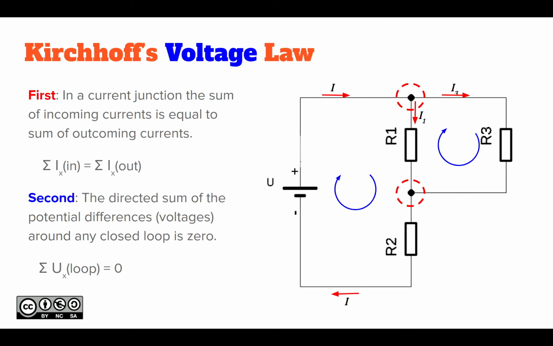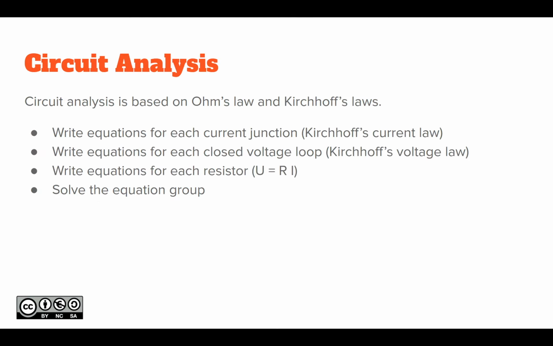Let's go a little bit forward. Circuit analysis: you use those laws. So practically these are the steps, and then you have the solution. You start by writing equations for each current junction using Kirchhoff's current law.